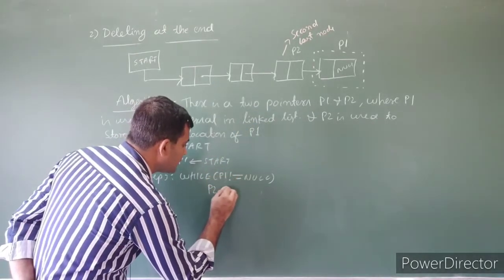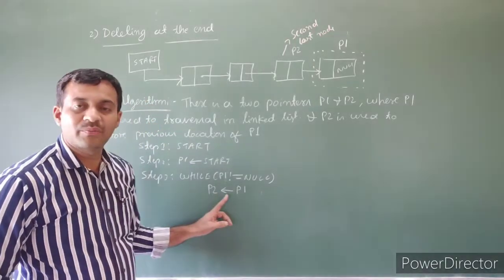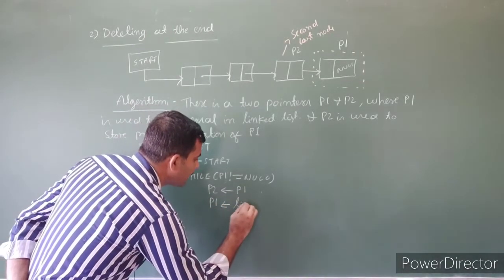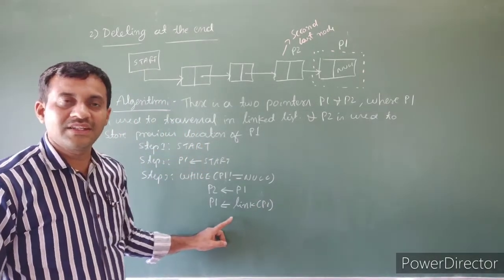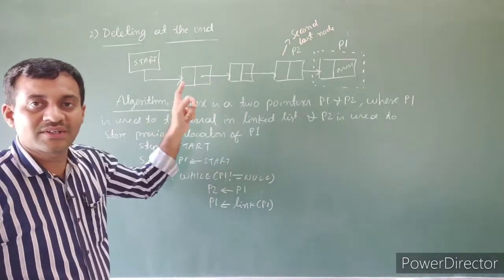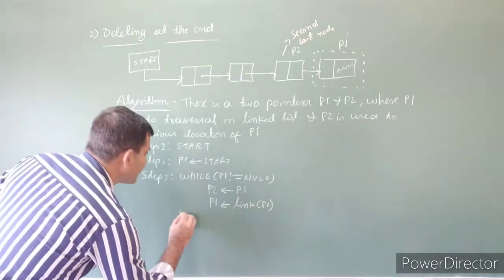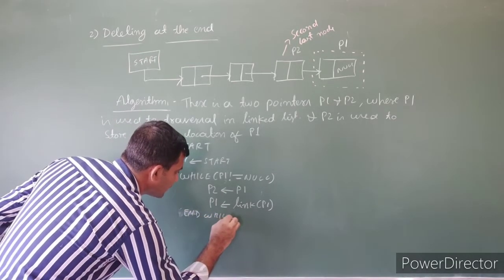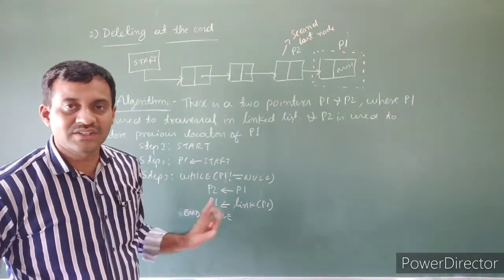Then P2 stores the previous address of P1. Every time P2 stores the previous address of P1. Then for P1, assign the link part of P1, because the link part of P1 stores the address of the next node. When it reaches the last node, the iteration stops.